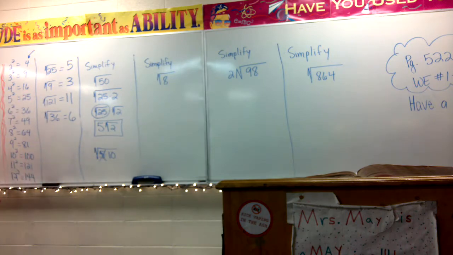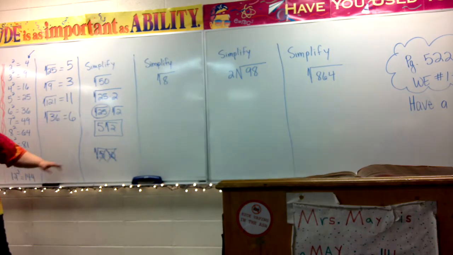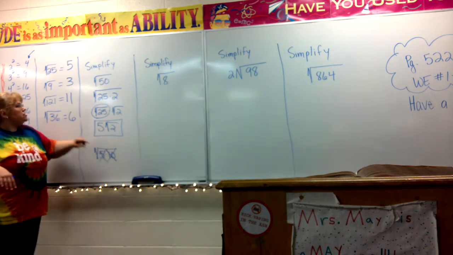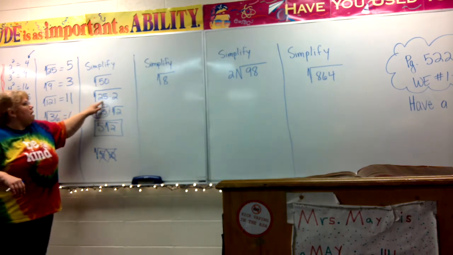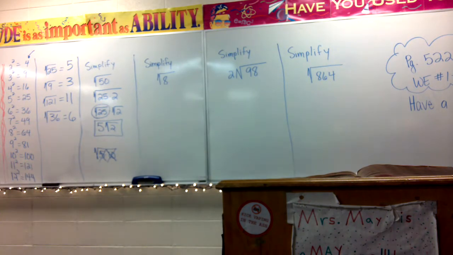Does the square root of 10 come out to be a whole number? No, that one's not a whole number either. So although 5 times 10 is 50, we wouldn't want to use that because none of them are perfect squares. None of them are whole number square roots. So that's why we use 25 times 2 instead. Does that make sense?